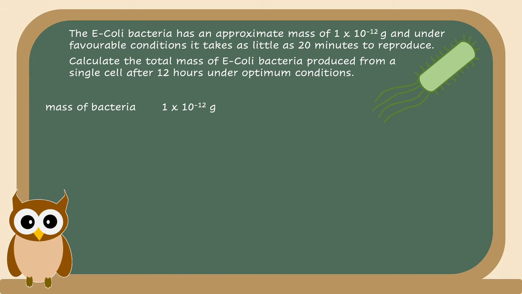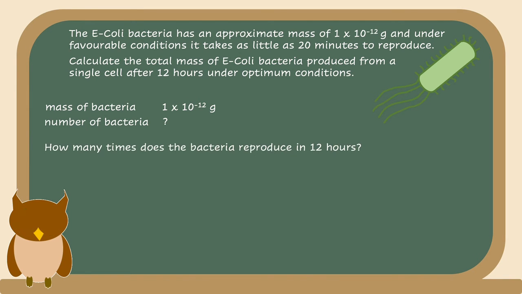We know the mass of the bacteria is 1 times 10 to the power of minus 12 grams, but the number of bacteria is an unknown quantity. For that, we need to calculate how many bacteria are produced in a 12-hour period. So, imagine, if you will, we start off with a single E. coli bacteria at 0 minutes.